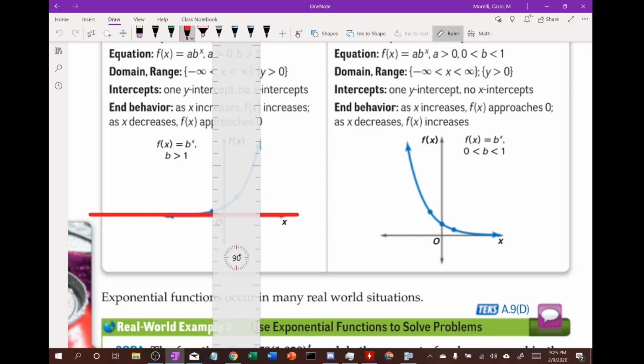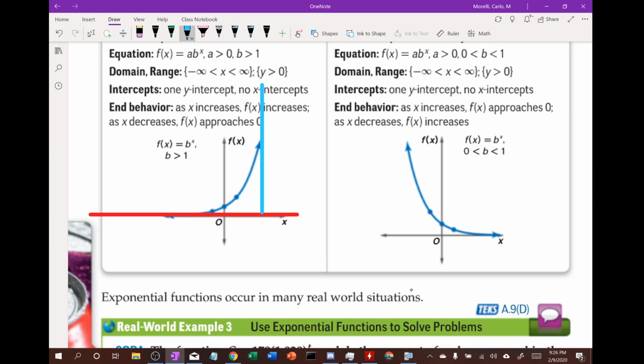If that was true, then this blue line would never cross that other blue line, but it will, right? It's going to cross it. But this blue line here going down here, it's never going to go below the red line. Okay.